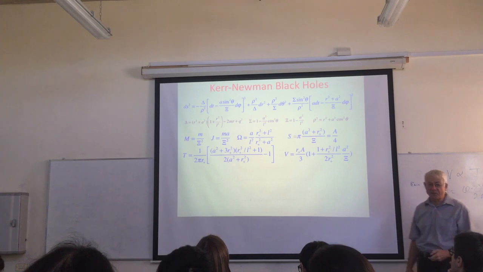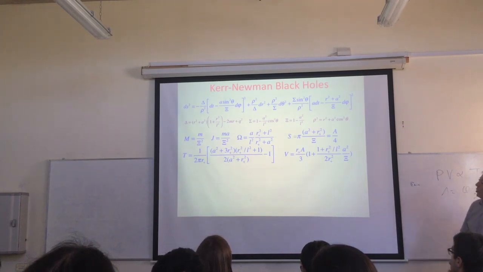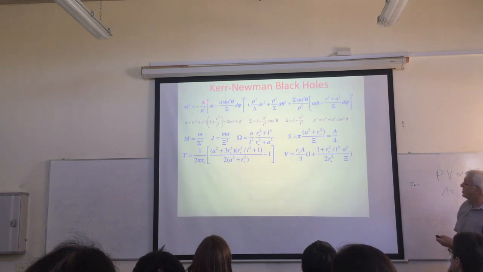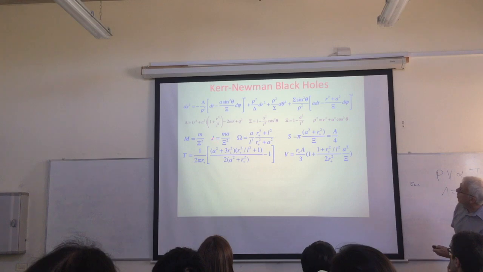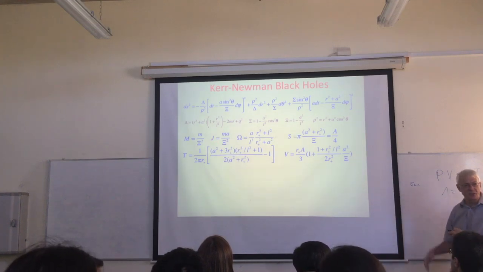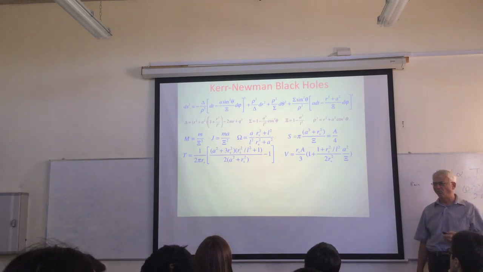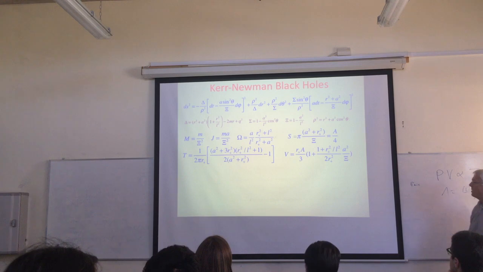All right, well now let's do something more complicated. Kerr-Newman black hole. So this is what I wrote down before in 4 dimensions. This is the charged Kerr solution, where the charged Kerr AdS solution, which was found by Brandon Carter, 1970 sometime.